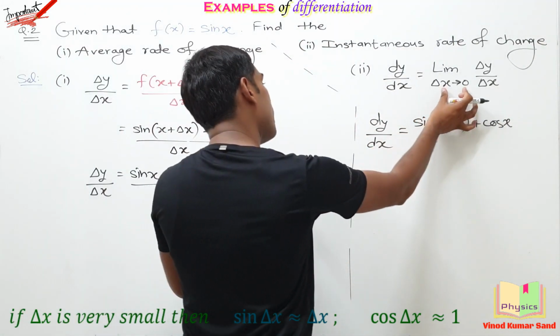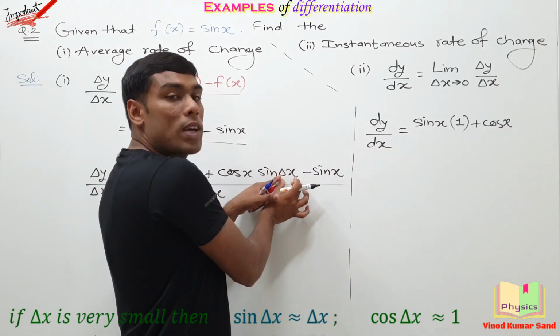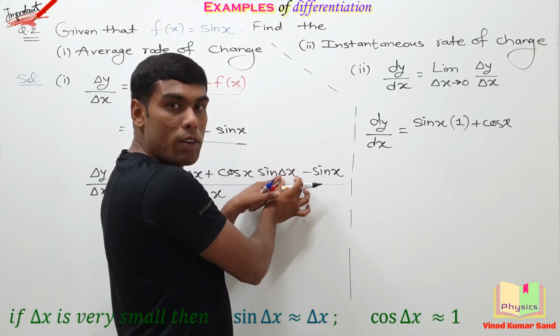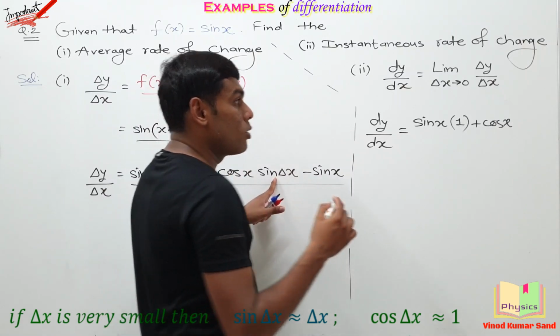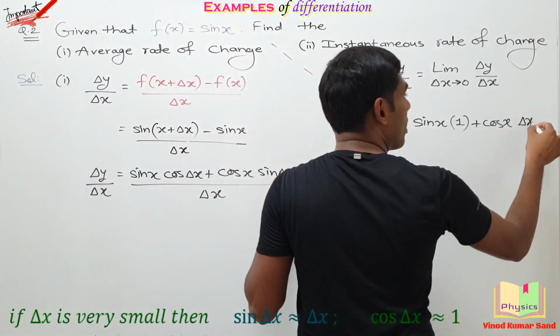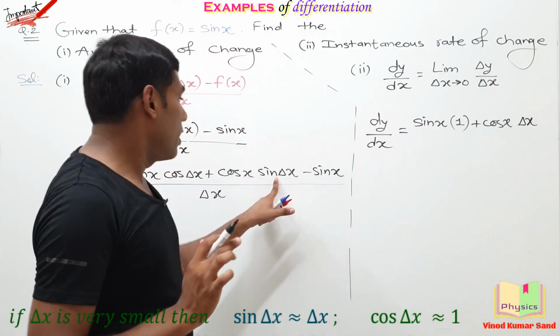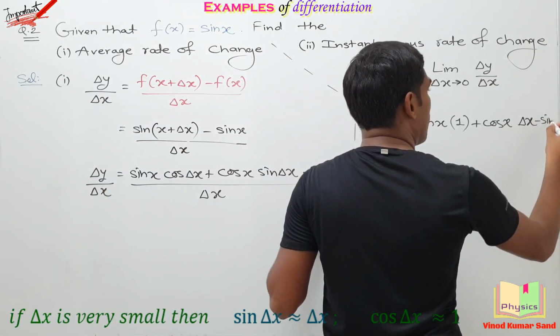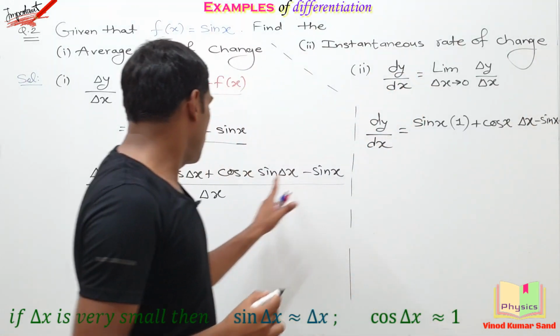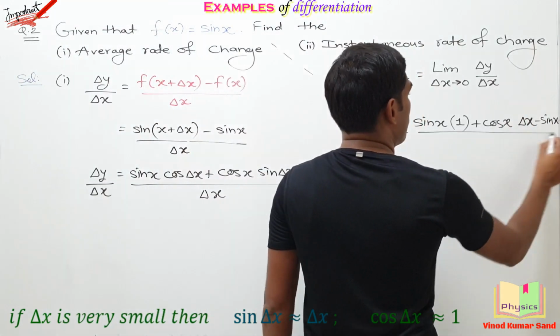For del x tending to 0 means del x is very small, and for very small values sin theta was equal to theta, so here will be only del x remaining. Fine. And then there is minus sin x, putting that minus sin x here, this all divided by del x.